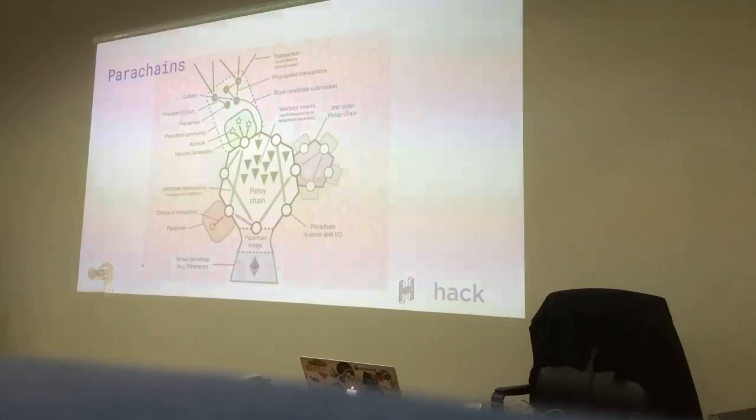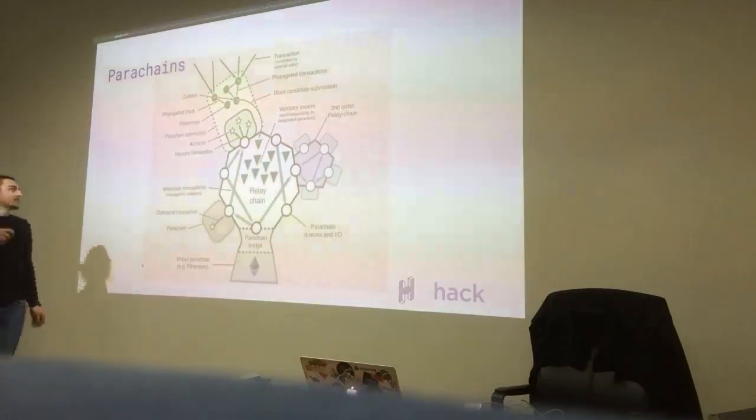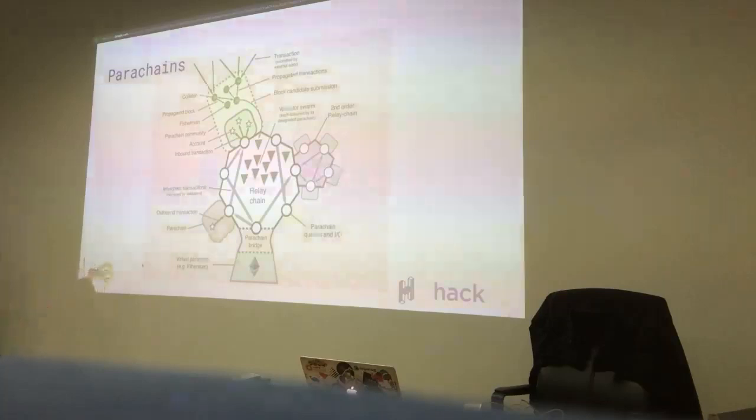The collators basically are storing all the data, and they are providing the data for what a block looks like, and which is the valid or the next propagated block to the main relay chain.